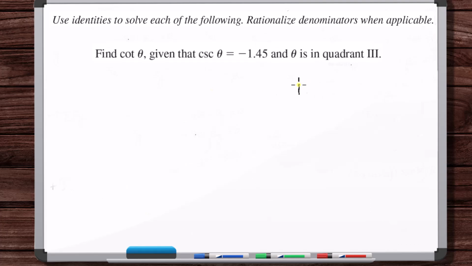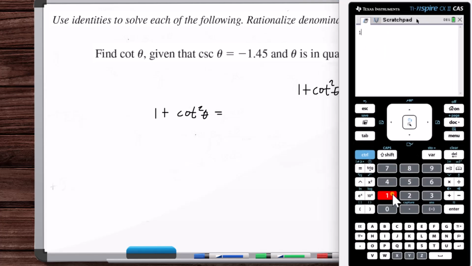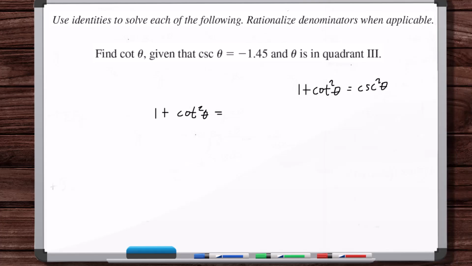All right, so the Pythagorean identity is 1 plus cotangent squared theta is equal to cosecant squared theta. So 1 plus cotangent squared theta is equal to cosecant squared, so 1.45 squared, 2.1025. So cotangent squared theta is equal to 2.1025 minus 1.